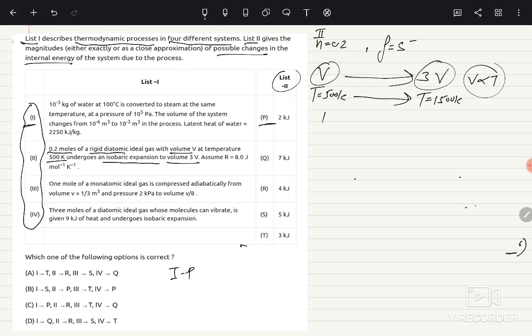Now R is given as 8 joule per mole Kelvin, and we have to calculate the change in internal energy.